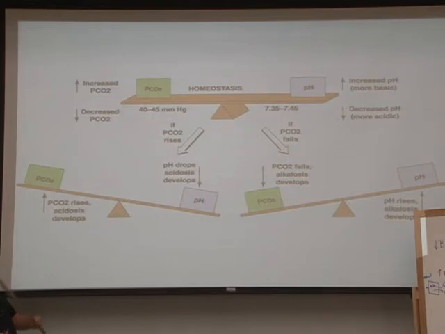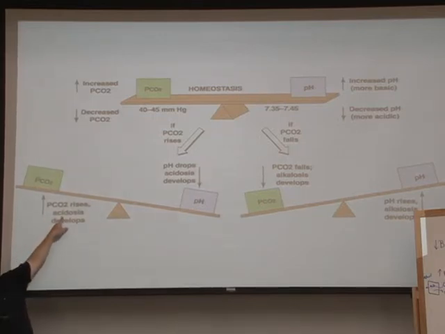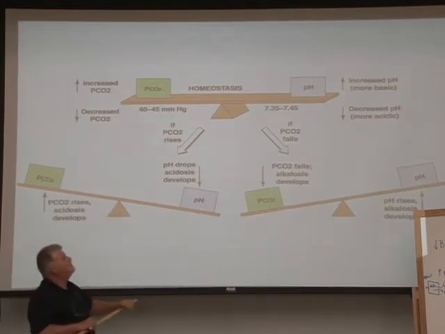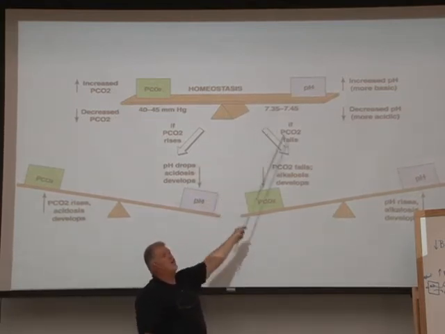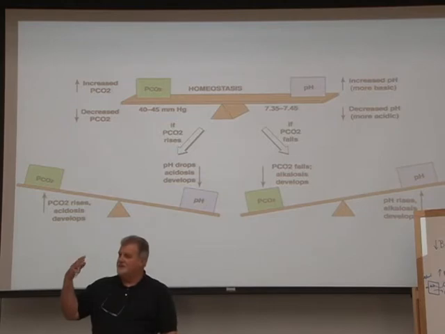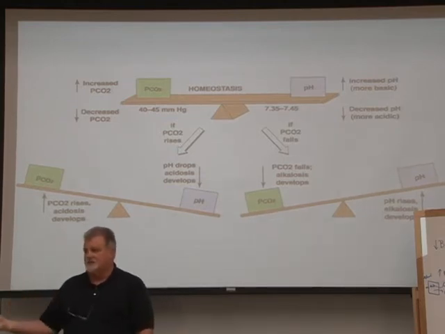And as the blood becomes more acidic, we say you're in a state of acidosis. So if somebody's blood drops below 7.35, we say they're in a state of acidosis. Right?